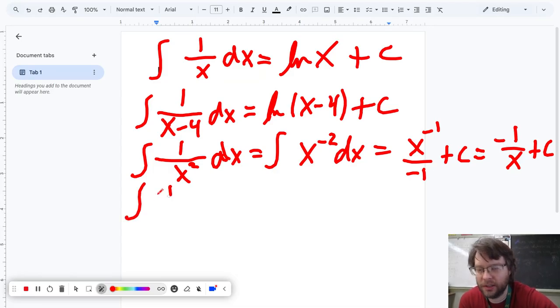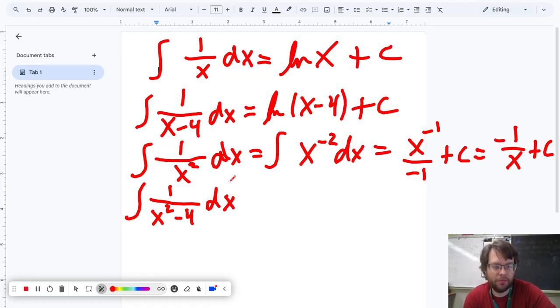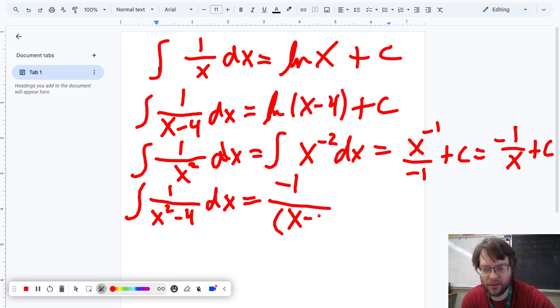Now, if I tried to do 1 over x squared minus 4 dx, you might try following the same sort of pattern as the natural log of x minus 4 one. But if you tried that, it won't work out. So I'm going to write down an answer that is not correct, and then I'll show you that it is not correct. Let's say that I just tried negative 1 over x minus 4 plus c.